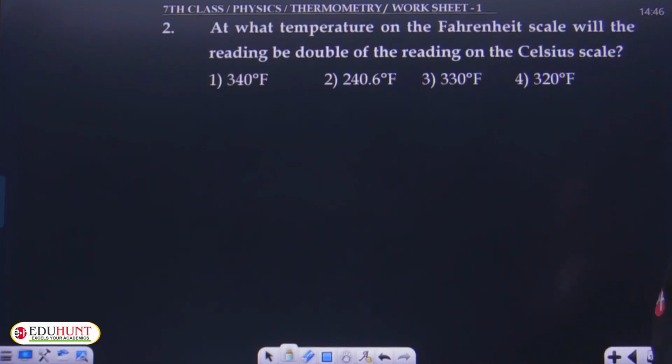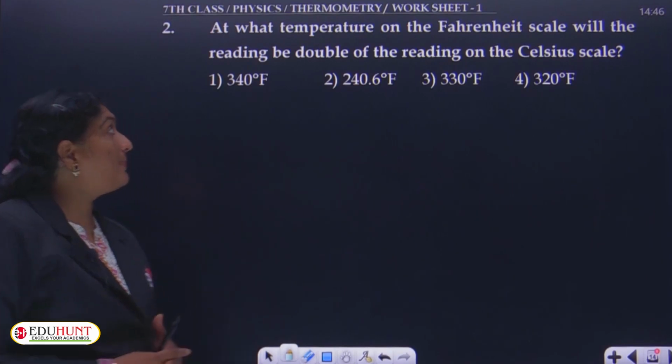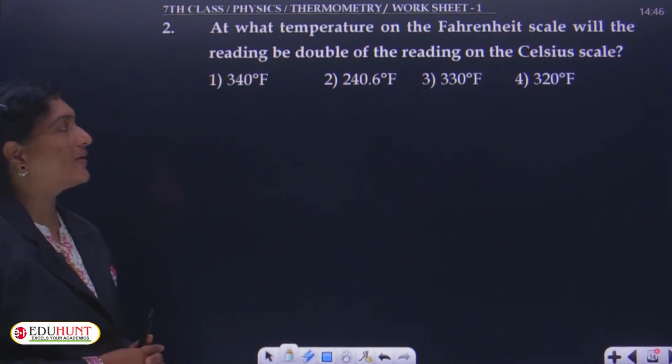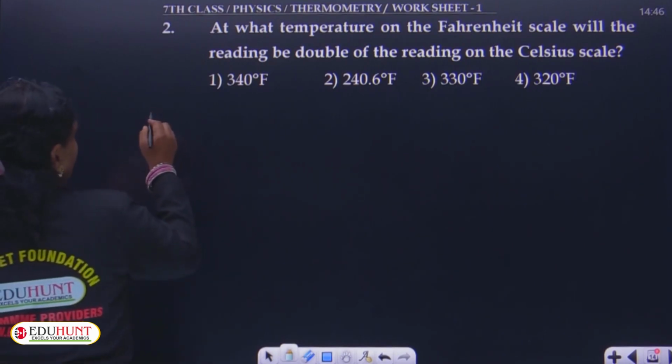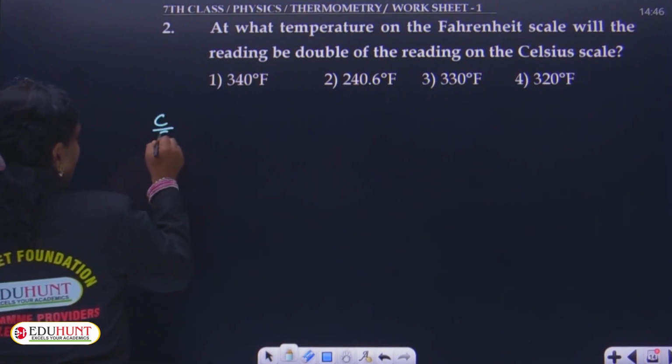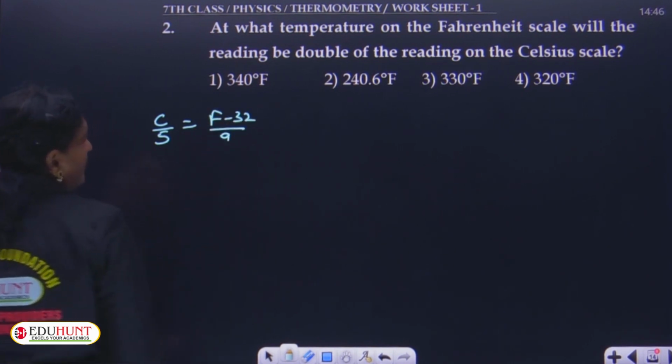At what temperature on the Fahrenheit scale will the reading be double the reading on the Celsius scale? You are asked to compare the relation between the Celsius scale and the Fahrenheit scale. The relation is C by 5 equals F minus 32 upon 9.